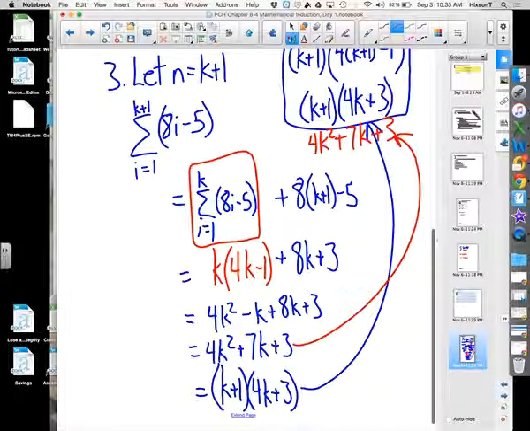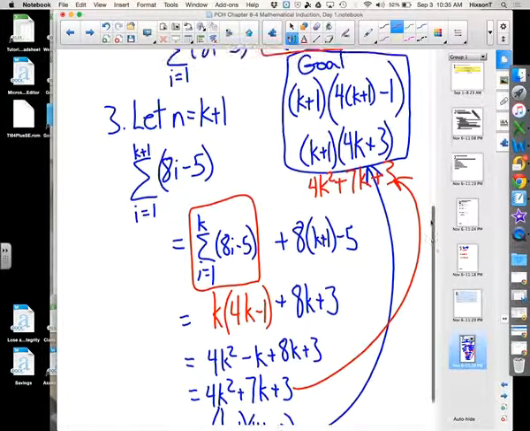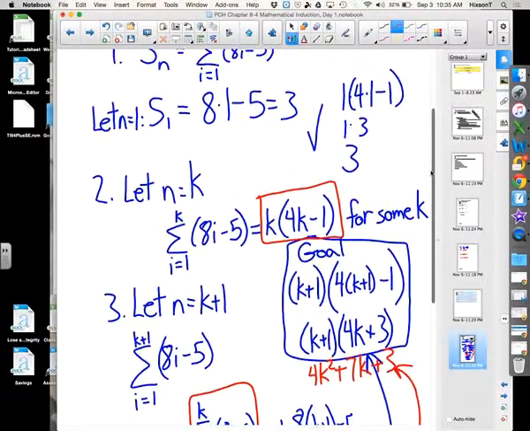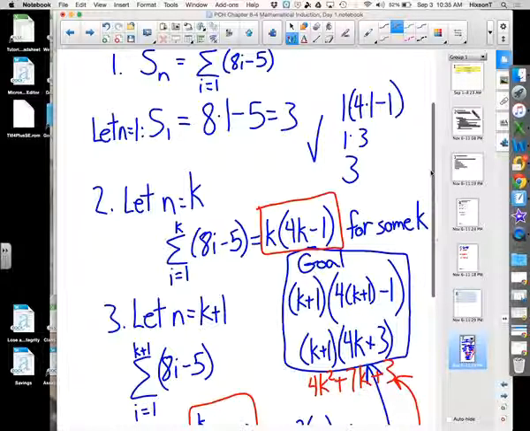Questions? I think if the k equals 2, the answer will be different. If k equaled 2, you mean the second step? I mean the second step. Here? Yeah. What do you mean can't?